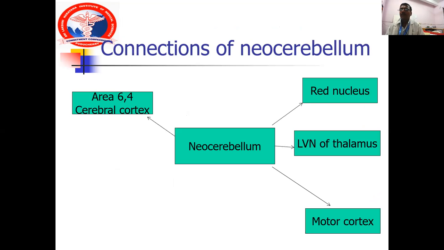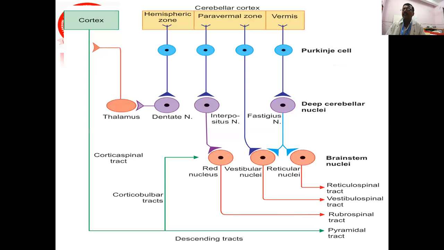Connections of the neocerebellum: it is connected between area 6 and 4 of the cerebral cortex, then to the neocerebellum and the red nucleus, from the neocerebellum to the ventrolateral nucleus of the thalamus, as well as the motor cortex.